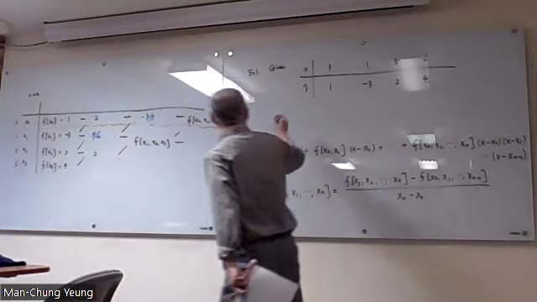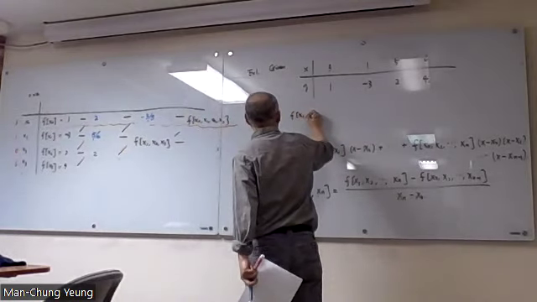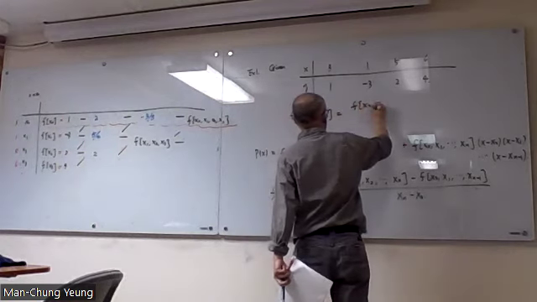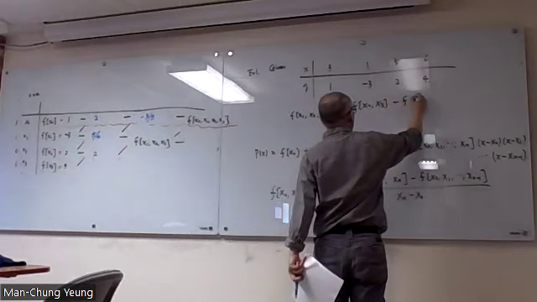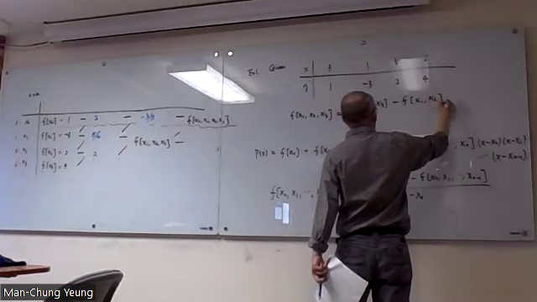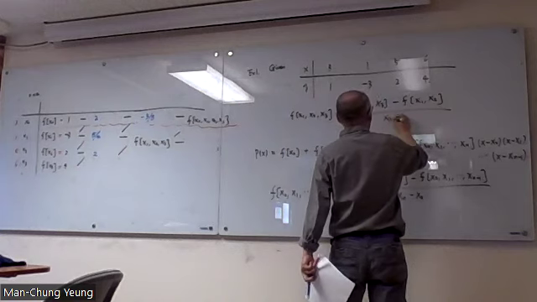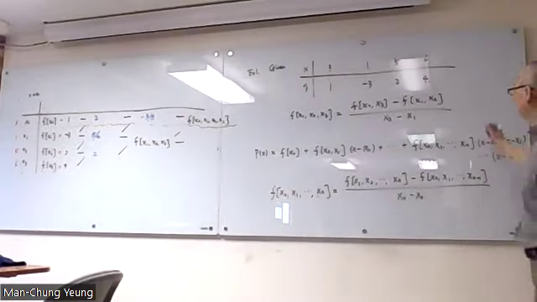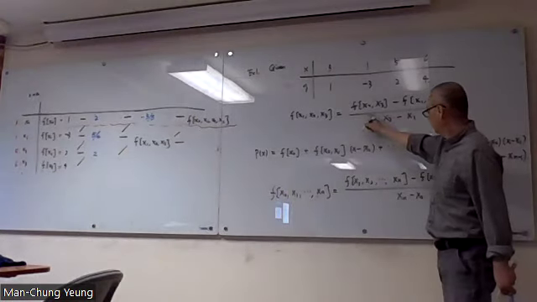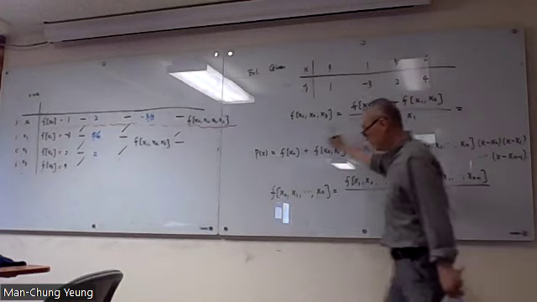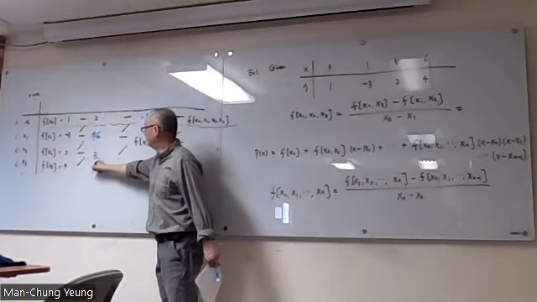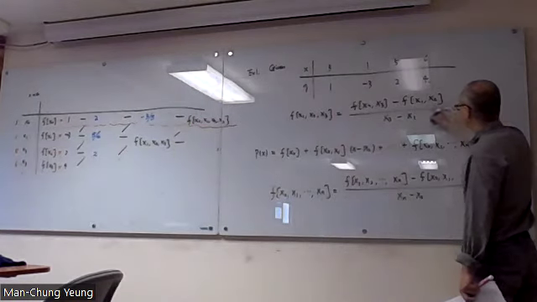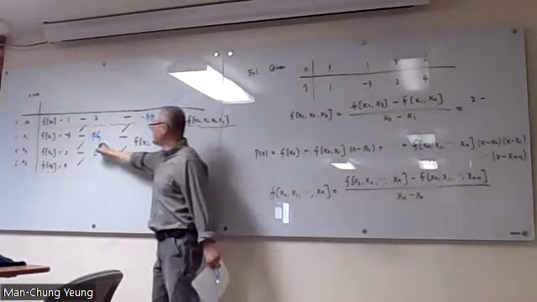Okay, let me compare this. f[x1, x2, x3] by formula is f[x2, x3] minus f[x1, x2], then over x3 minus x1. This number is number 2 here. So number 2 minus, how about this number? 5/4.